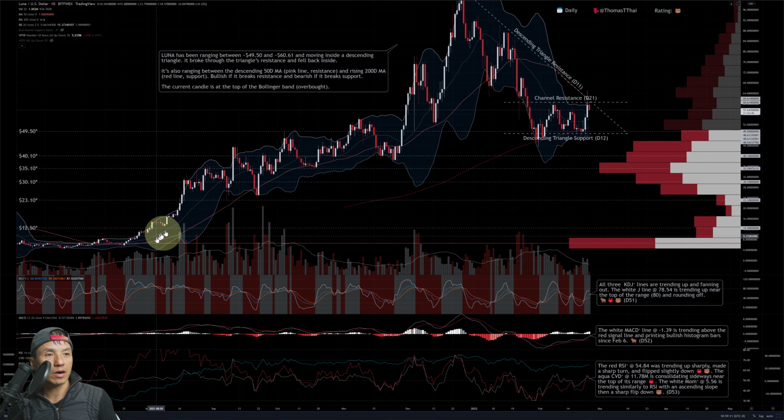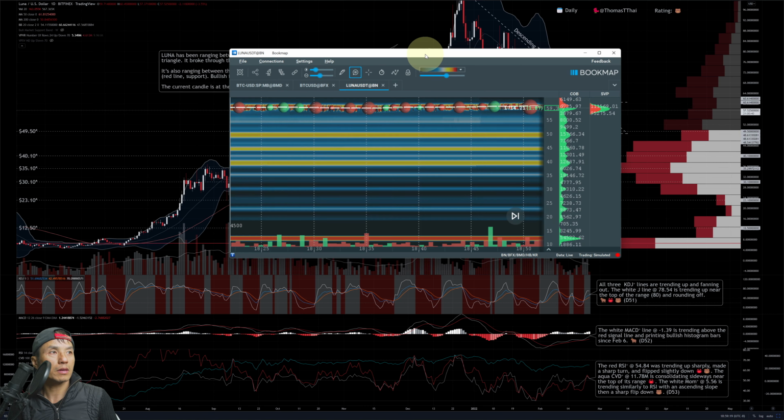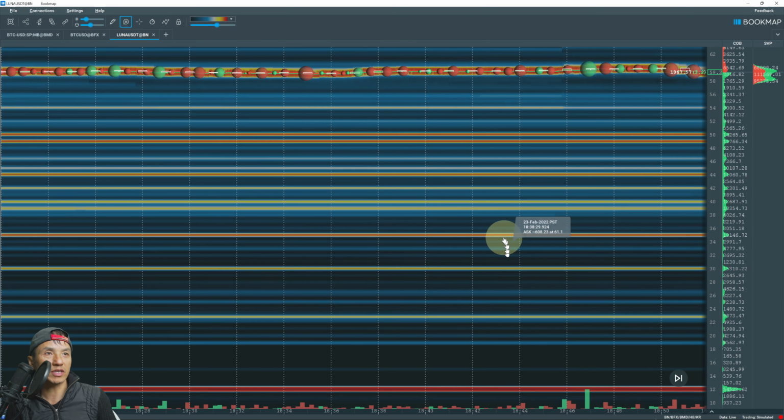So these are using Fibonacci levels and also coordinated with the buy walls on the heat map, what's currently for Luna on Binance. So here you can see you get $50 here, and just below that around roughly $49. You get a $44.